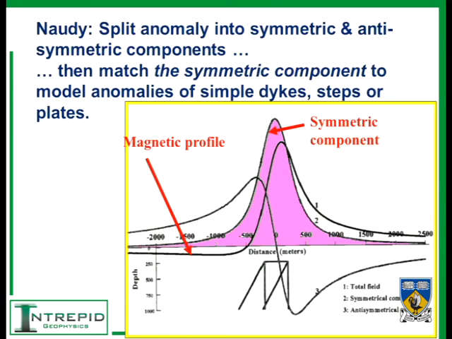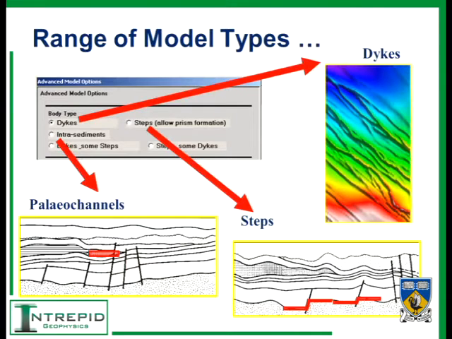Just to recap a little bit, back in the 80s or 90s, Henri Naudy in Paris, when he worked for CGG, came up with the idea of simple models coming off the TMI automatically. As an interpreting geophysicist, because of the ambiguity, you end up having to make a decision: in a data set like that, is it a fold, is it a dike, or whatever.